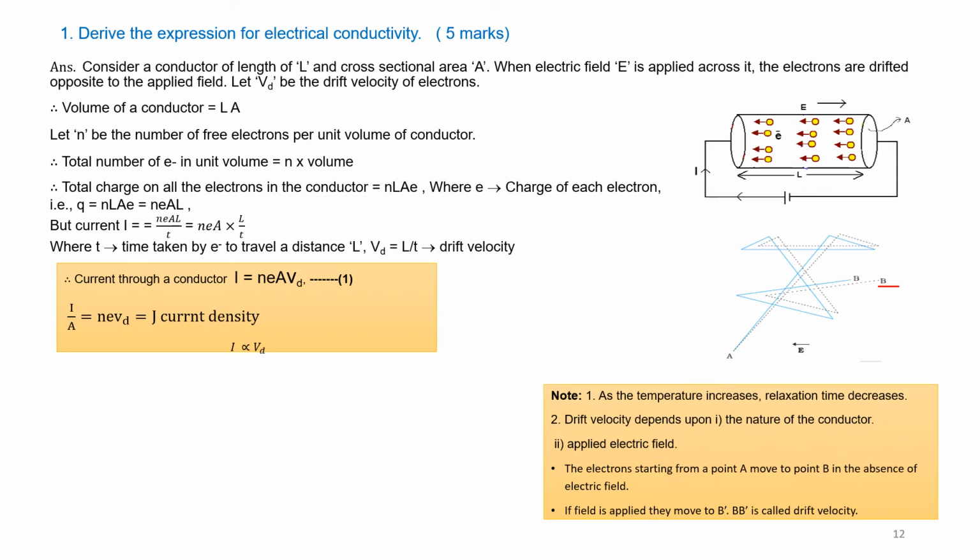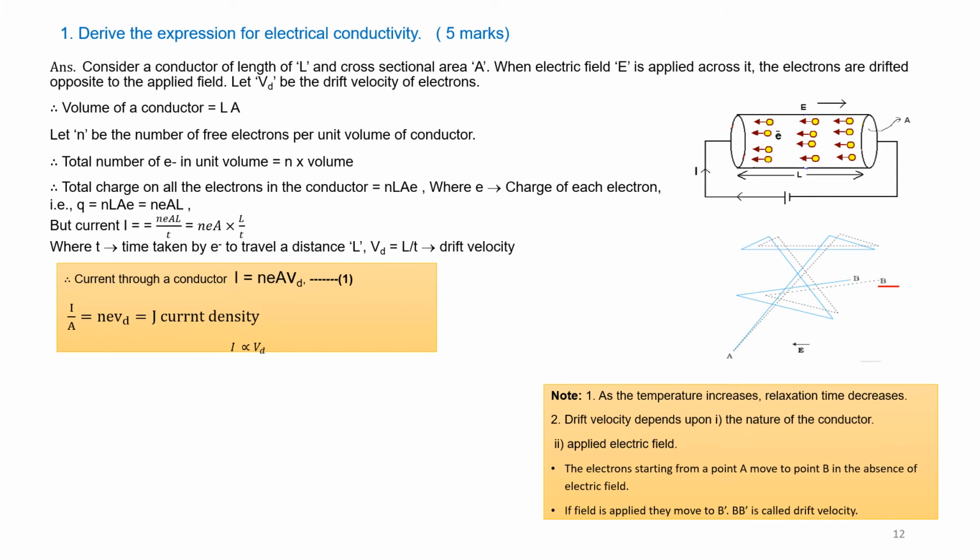So let us know what is happening to the electrons in the presence of an electric field. As the temperature increases, relaxation time decreases, because the electrons collide with one another. The drift velocity depends on the nature of the conductor and the applied electric field.